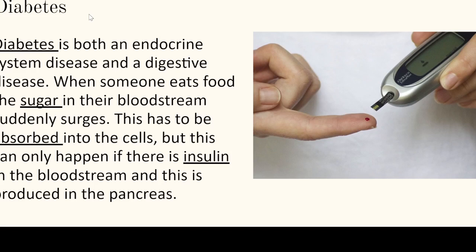All right, diabetes. Diabetes is both an endocrine system disease and a digestive disease. When someone eats food, the sugar in their bloodstream suddenly surges. This has to be absorbed into the cells, but this can only happen if there is insulin in the bloodstream, which is produced by the pancreas.